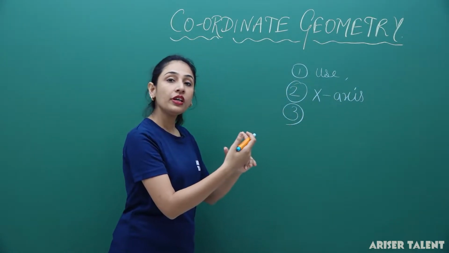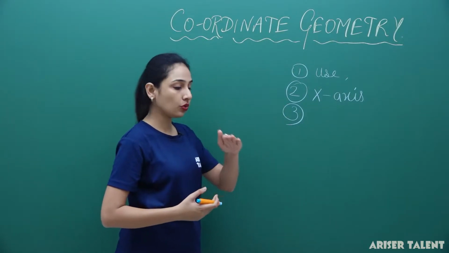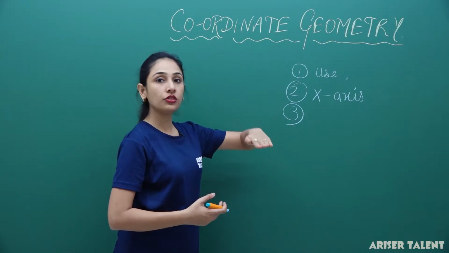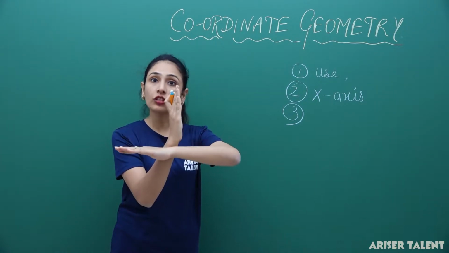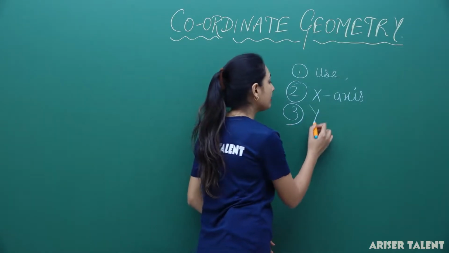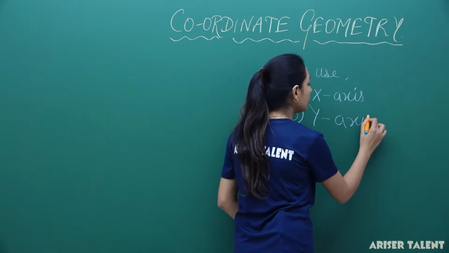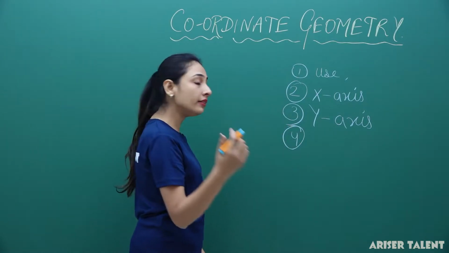Before that, we understood the number line. Actually, we know what the number line is, but the horizontal and the vertical number lines were making what? Our Cartesian system. Okay. So, x-axis, y-axis, Cartesian system, and then the abscissa and the ordinate.